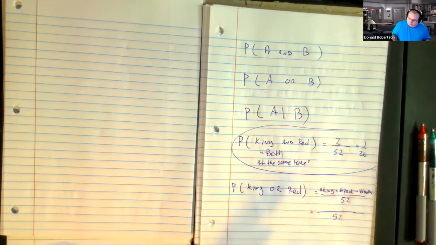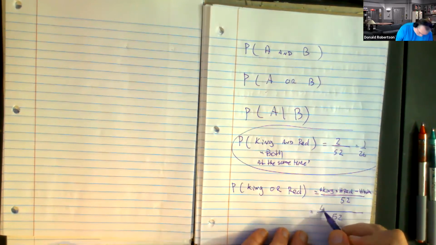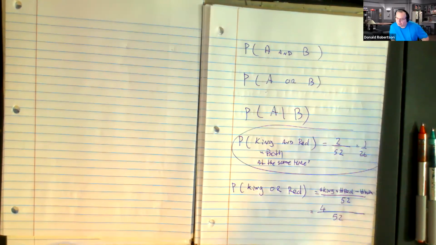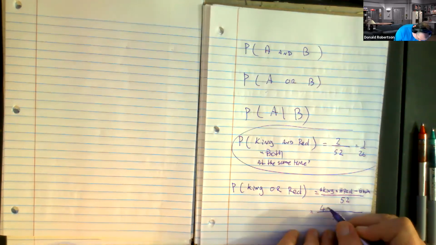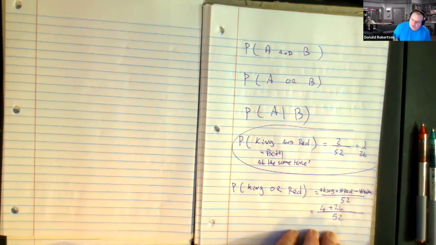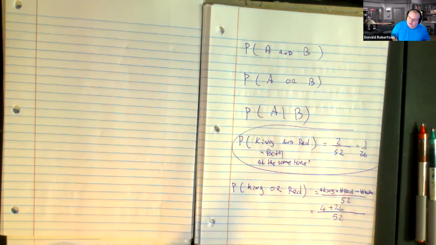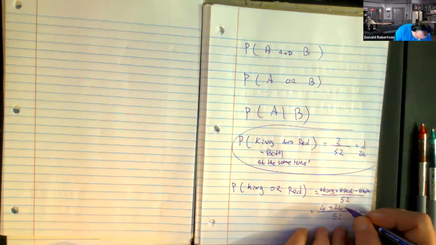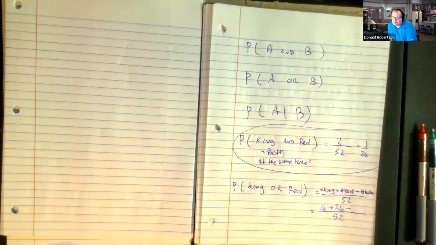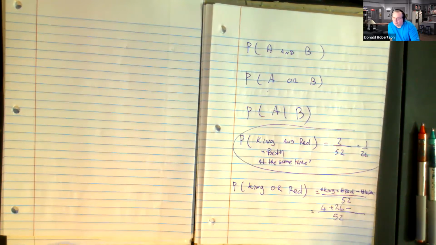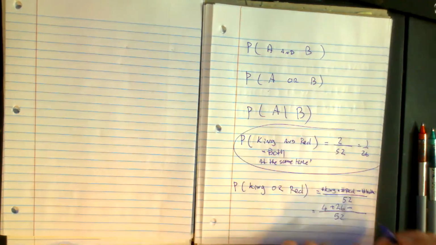If I look at a normal deck of cards, would you agree that there are 4 kings? Right. A normal deck of cards, there are 26 red, right? 13 red hearts, 13 red diamonds. Now, how many of those 30 cards are double dipped? In other words, how many are red kings? 2 of them. Yeah, we can use that up here.